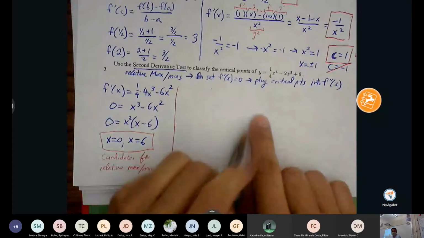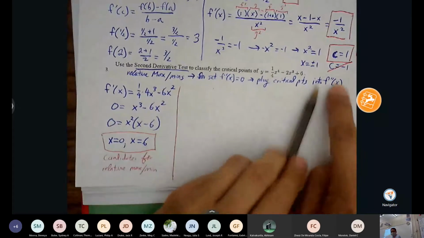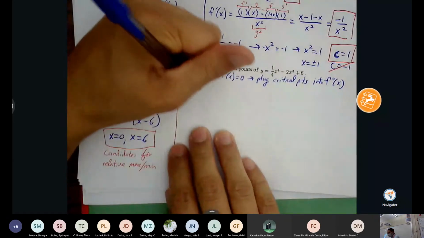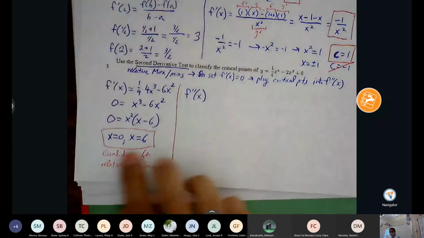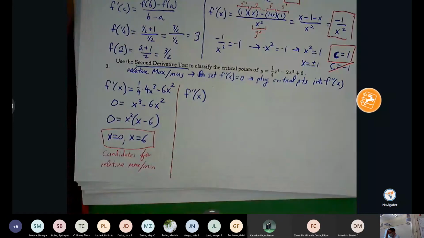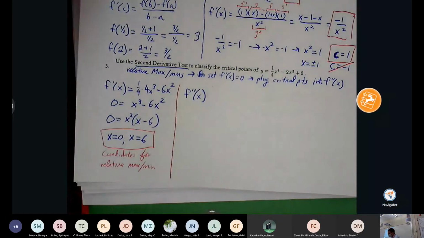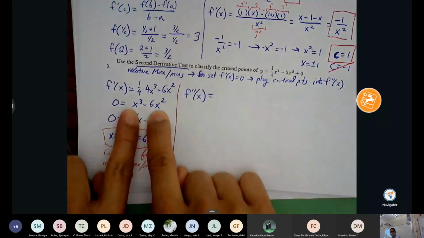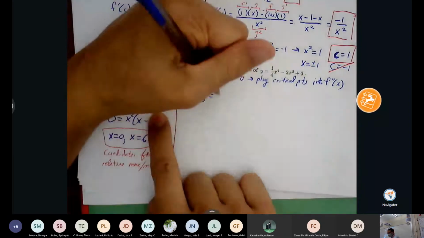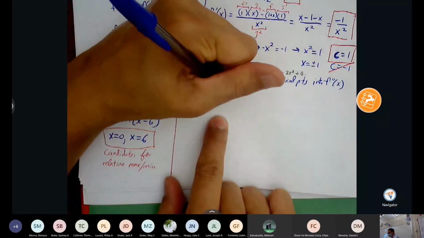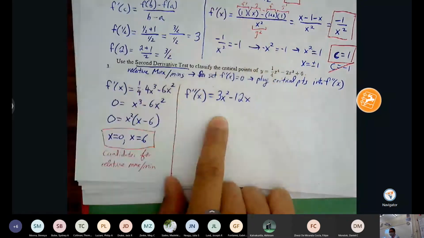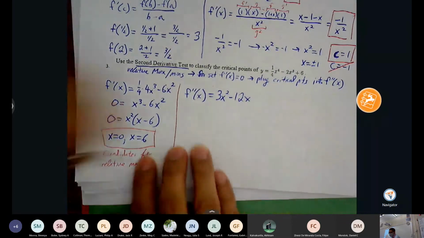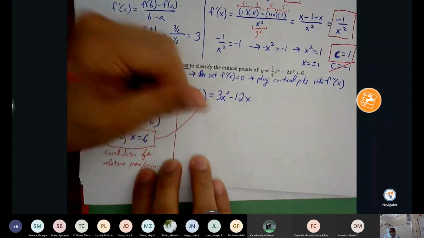Now we're going to find f double prime so that we can put these into f double prime. We're going to use concavity to help us decide whether these are max or mins. Okay, so we go through power rule again. We don't set this equal to 0, right? We're taking these critical points and putting them in there.